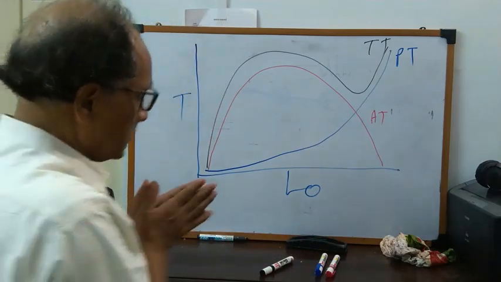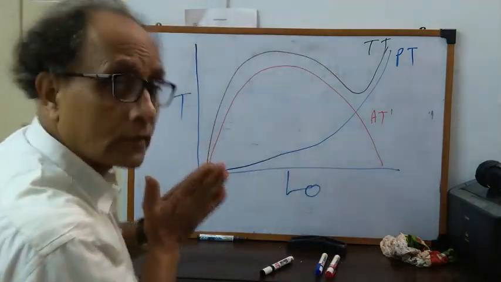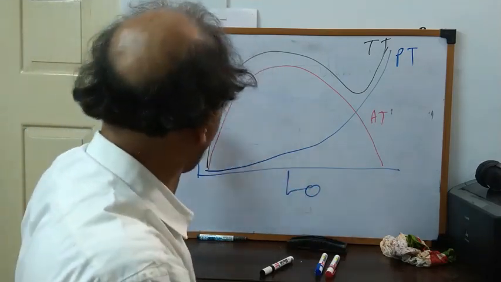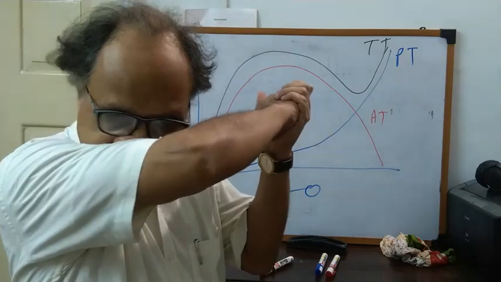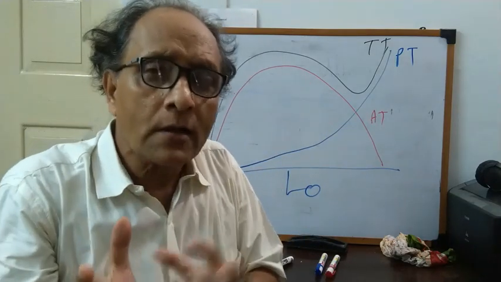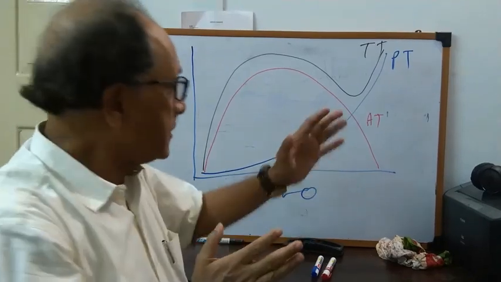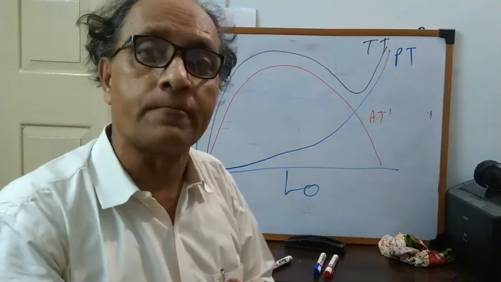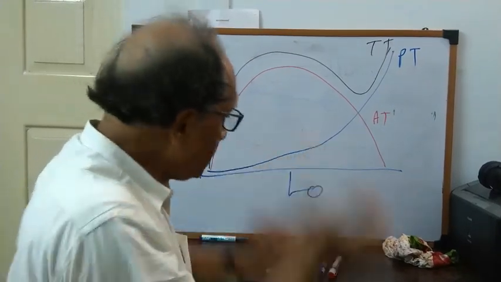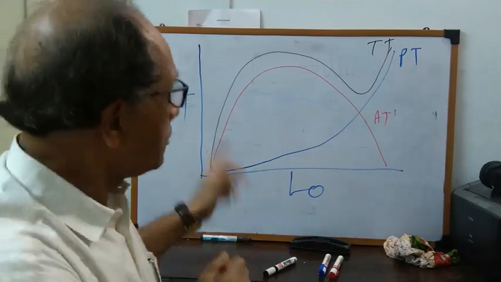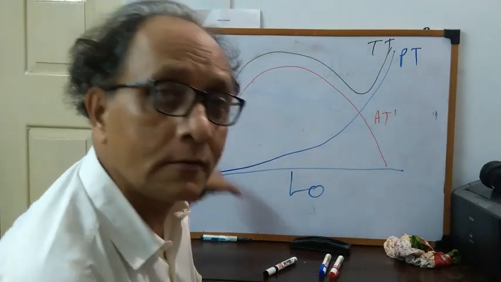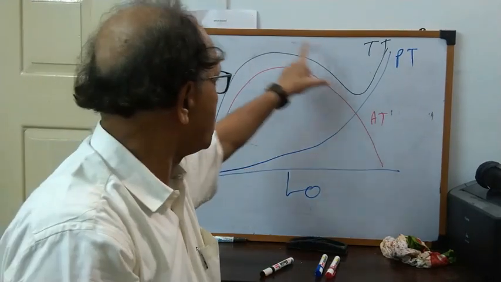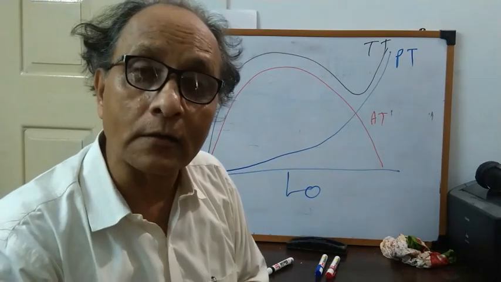When I discussed that, I also discussed the differential behavior of this resting length tension relationship curve between skeletal muscle and cardiac muscle. Truly speaking, the picture I have drawn here is a picture of a skeletal muscle.